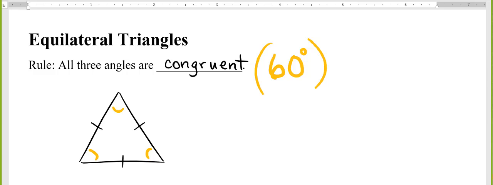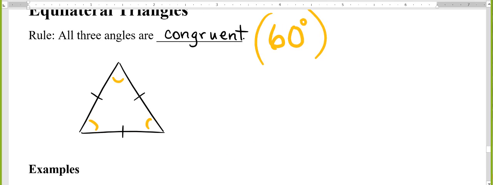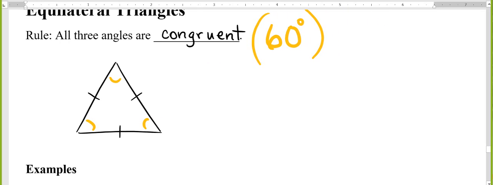All right, 3 more examples. Let's go talk about the angle first. You see that this is an equilateral or equiangular triangle? So what do you know that 4x has to equal? Every angle has to be 60 degrees.